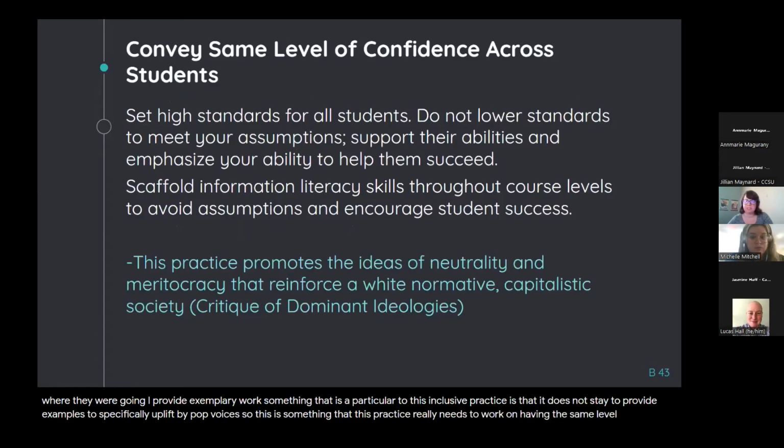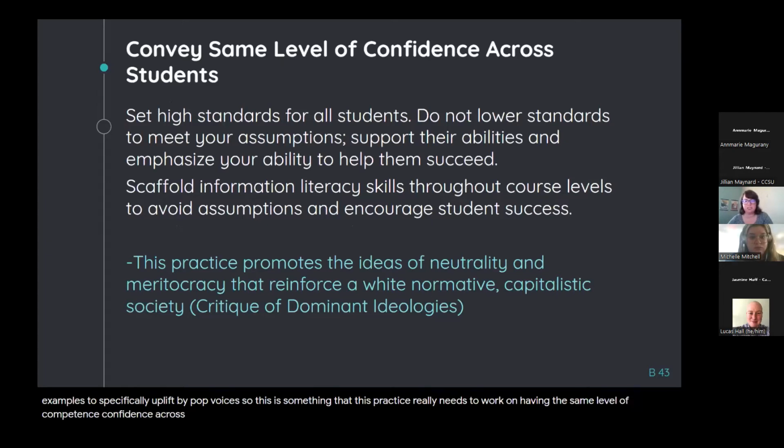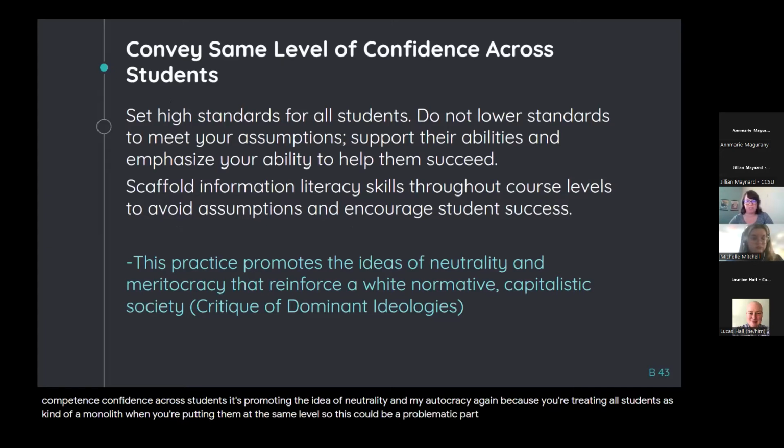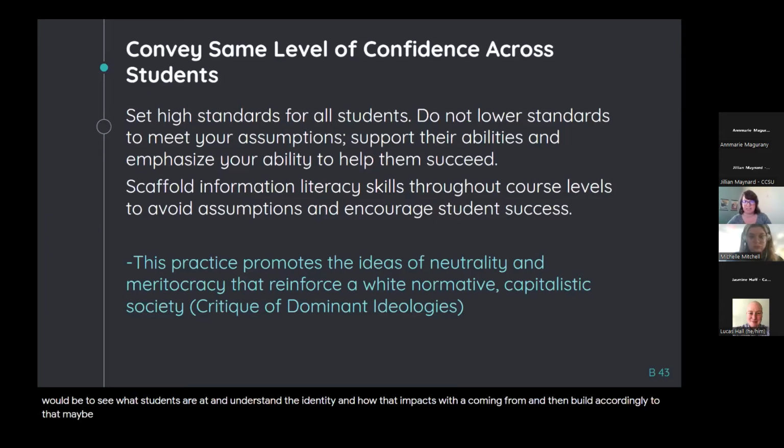Having the same level of confidence across students, it's promoting that idea of neutrality and meritocracy again, because you're treating all students as kind of a monolith when you're putting them at the same level. So this could be a problematic fault with this practice. And really what you want would be to see where students are at and understand the identity and how that impacts where they're coming from, and then build accordingly to that, maybe in a scaffolded way.